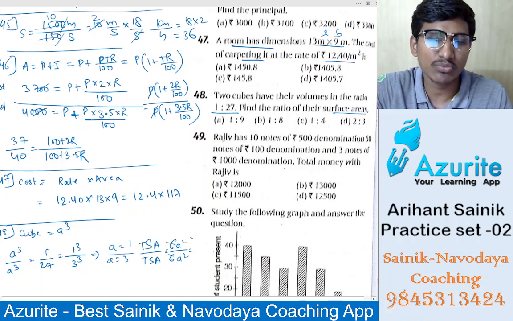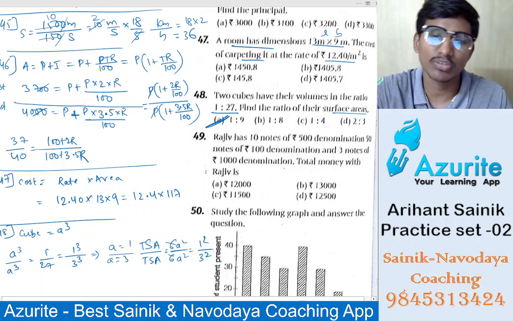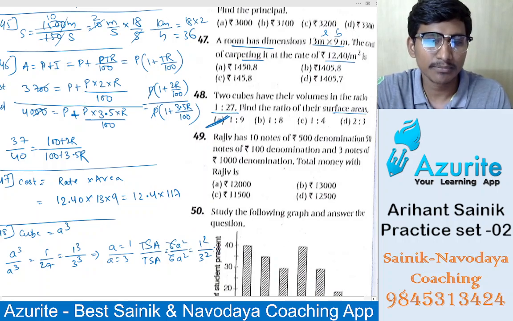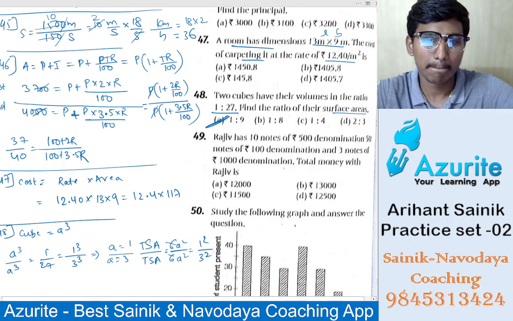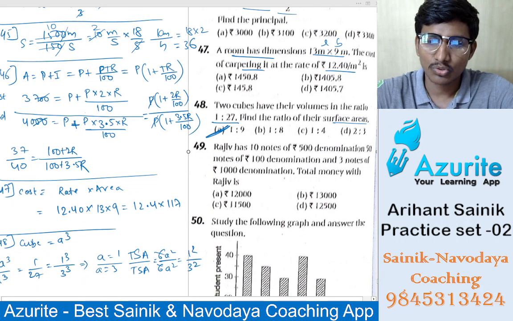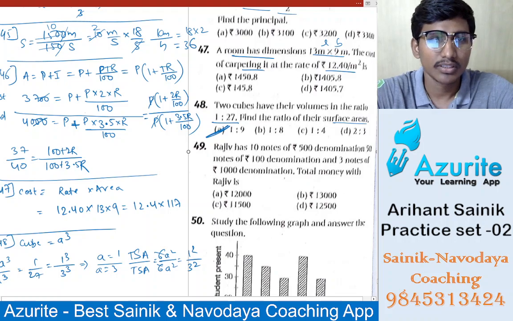A square, a is 1 here, 1 square. A is 3 here, 3 square. It will be 1 by 9. 1 square is 1, 3 square is 9. So 1 by 9 is the answer. Understood? So here the answer will be 1 by 9, isn't it? So you can write it down.